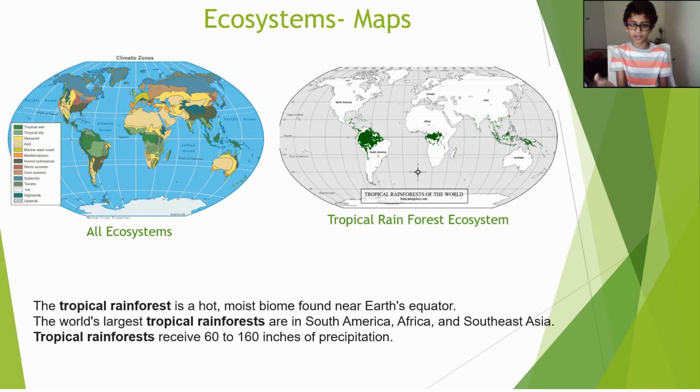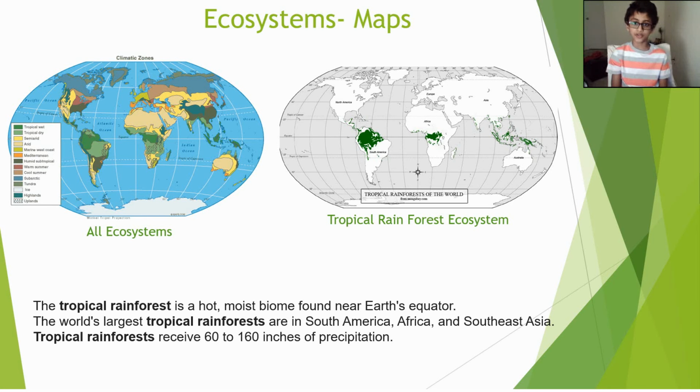Same on the second map, on the tropical rainforest ecosystem. This one just shows where the tropical rainforest ecosystem is. This also shows that it's right through the equator. A tropical rainforest ecosystem is mainly in South America, Africa, and Southern East Asia. These are 3 parts of the world where most of the tropical rainforest ecosystem survives.